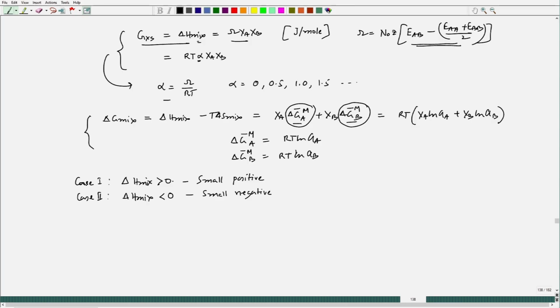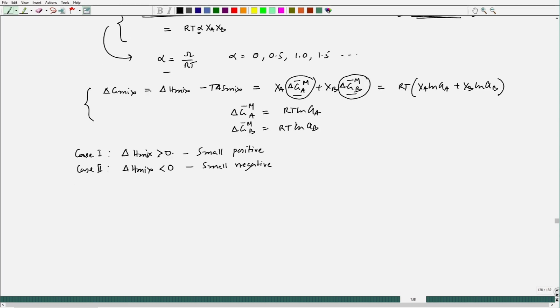Let us see how this del H mix plot can be shown as del H mix versus xb, the mole fraction of B or A.